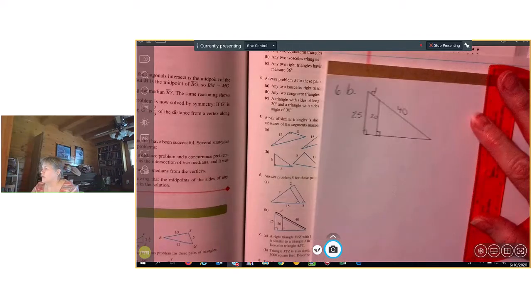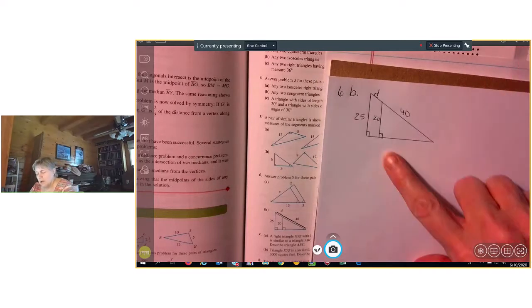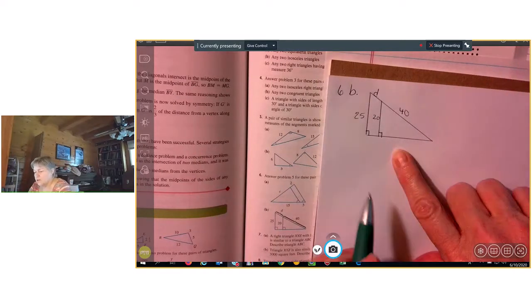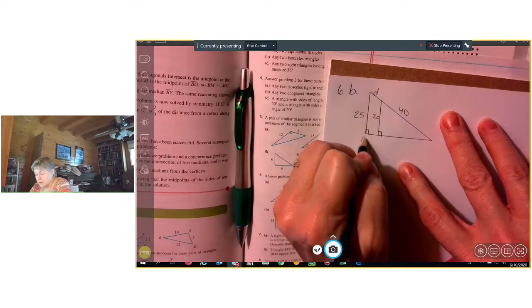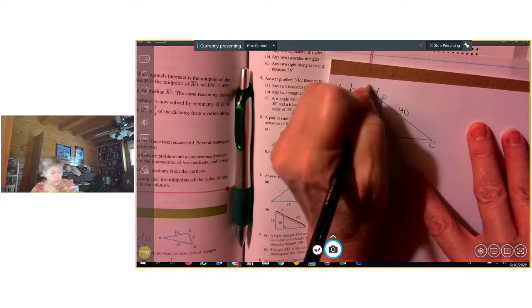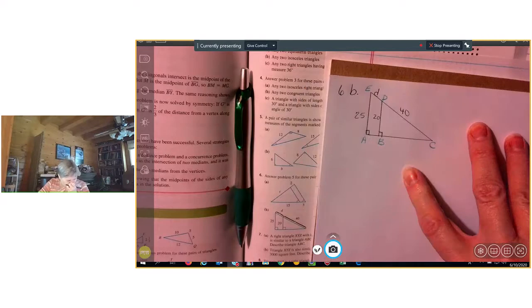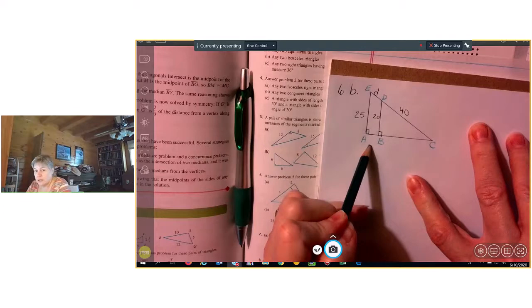So the same process goes here as we did a while ago, is that we're going to set this up. Now if you don't want to number them or letter them, that's fine, but sometimes it just makes it easier if you put letters around here, because then it might help when you're looking at it as a whole.